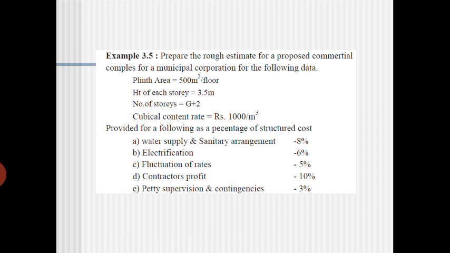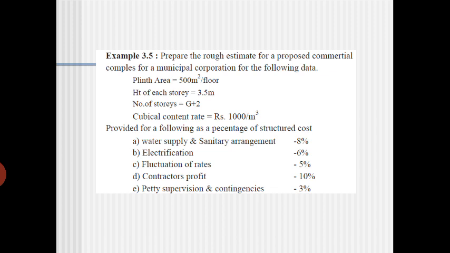Next, this is the problem based on the cubical method. You can see here, prepare an estimate for a proposed commercial complex for a municipal corporation from the following data.